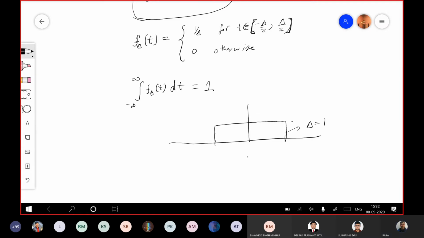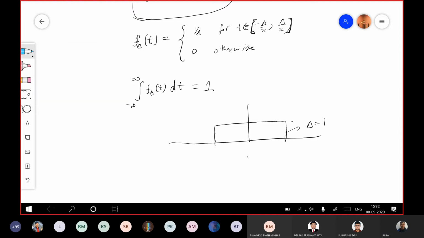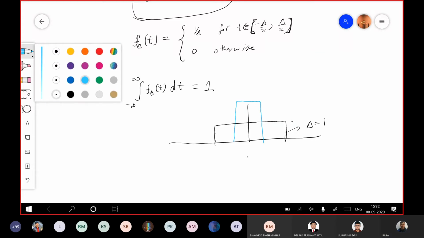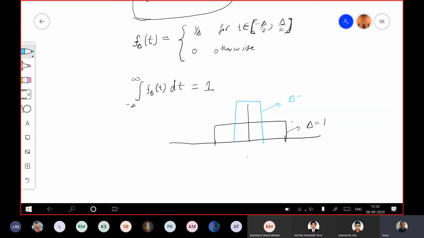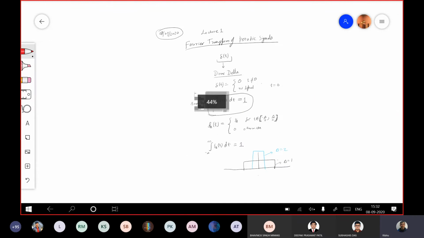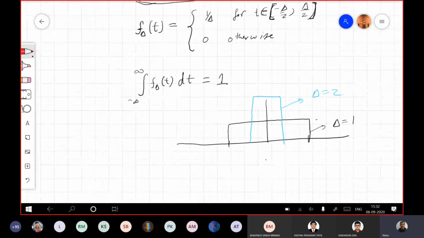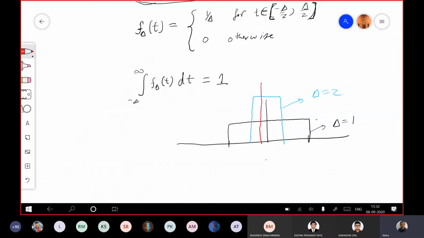Then this is for delta equal to 2, and similarly delta equal to 4.